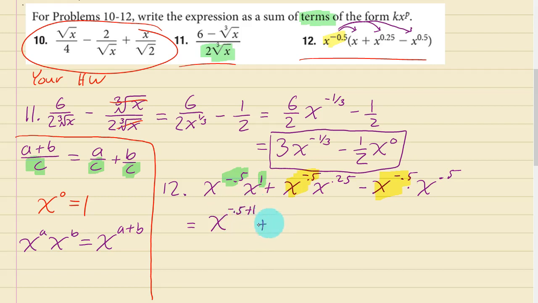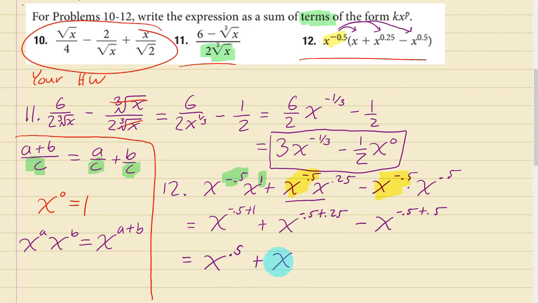And these other two get combined into x to the power negative 0.5 plus 0.25. These ones become x to the negative 0.5 plus positive 0.5. Let's just do the addition now. Negative 0.5 plus 1 is positive 0.5.